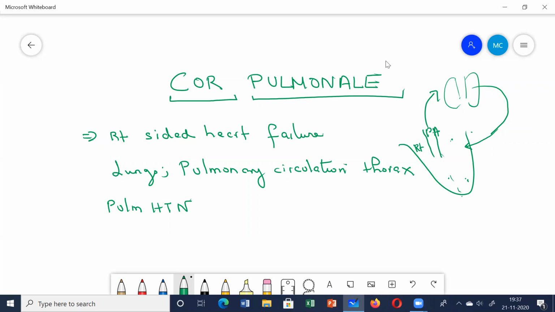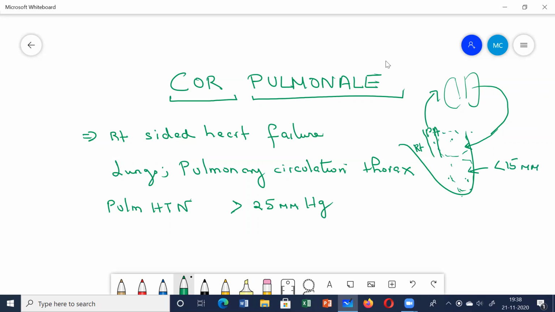Remember that it is mainly due to pulmonary hypertension, and pulmonary hypertension in cor pulmonale is defined as arterial pressure in the pulmonary arteries of more than 25 millimeters of mercury, with a pulmonary capillary wedge pressure, left atrial pressure, or left ventricular end diastolic pressure that is less than 15 millimeters of mercury.